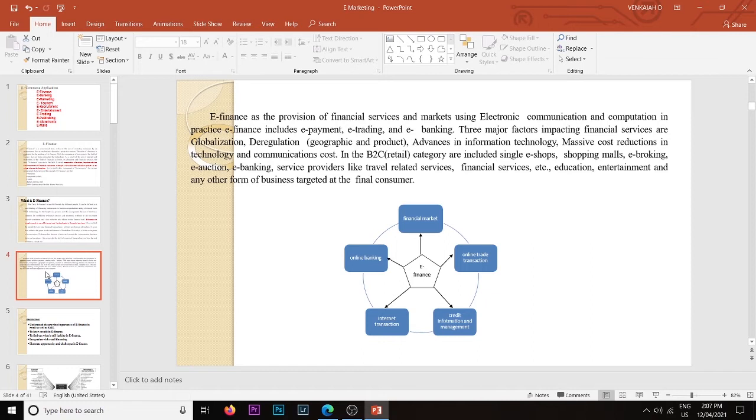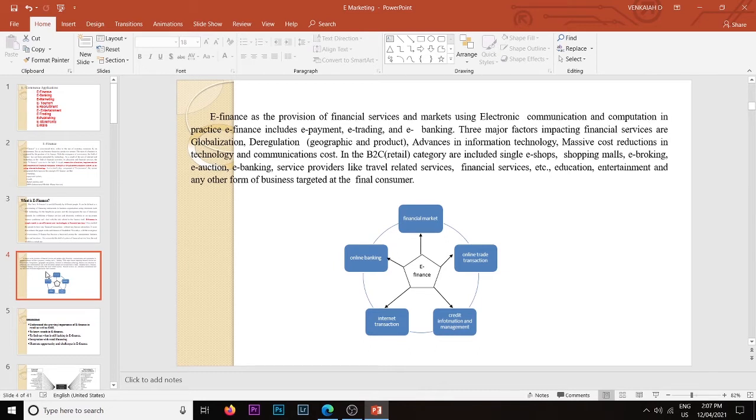So e-finance is the provision of financial service and markets using electronic communication and computation in practice. So one is electronic communication, another one is the practice of those electronic communications.